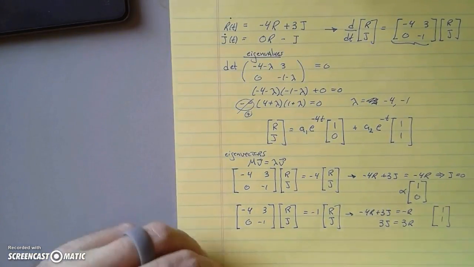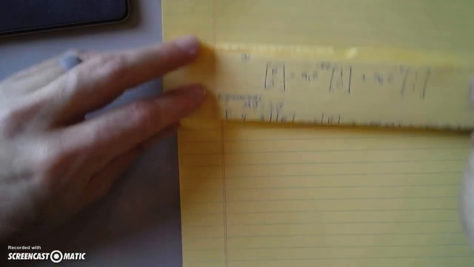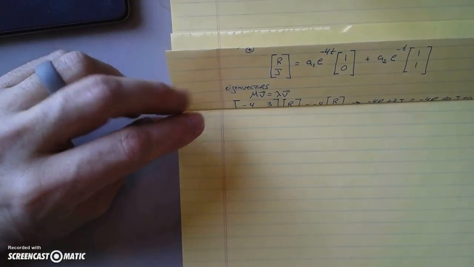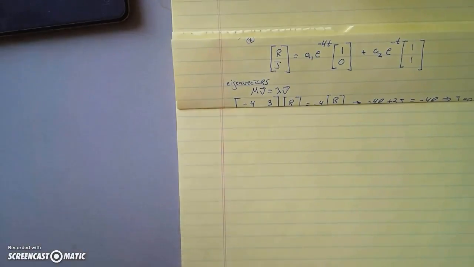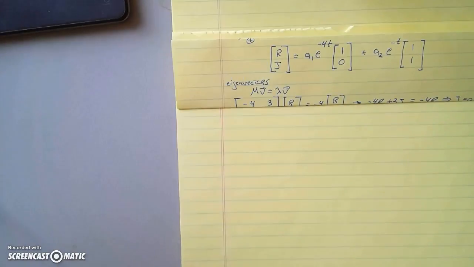Now we're going to sketch some solutions. All we've found so far is an infinite number of solutions. I'd like to narrow that down a bit. Oops. So let's make a graph.